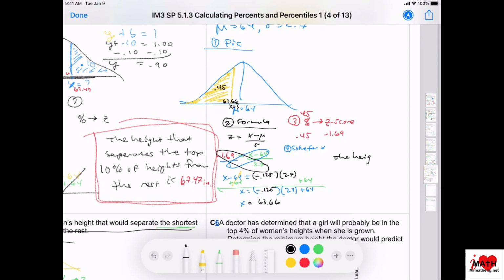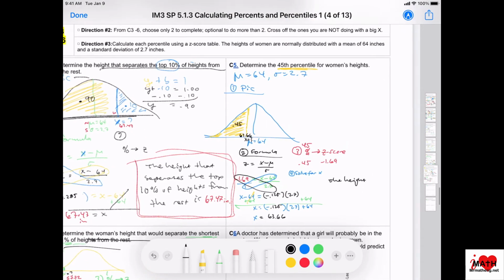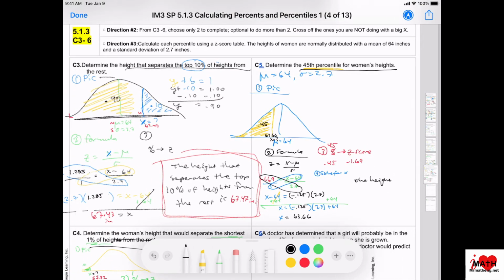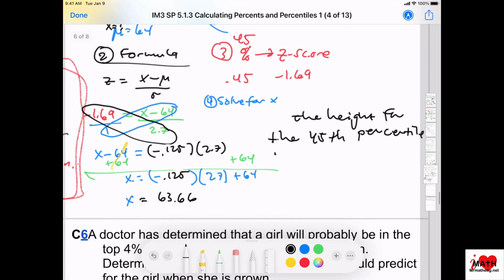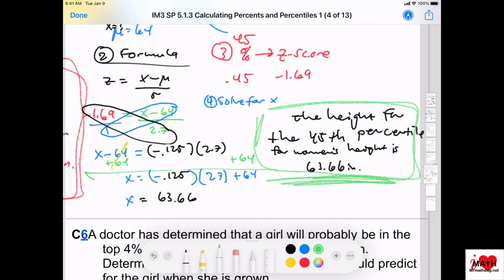The height, and then I'm just copying that for the 45th percentile for women's height is 63.66 inches. And this is our answer for C5. Let's go on to C6.